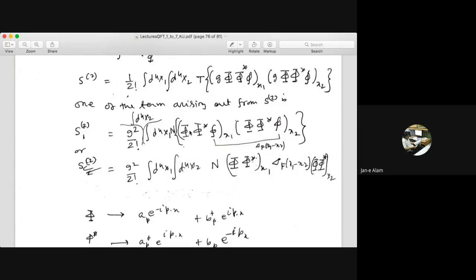But I could have also contracted this phi star with this phi. Then I would have got the propagator for the capital phi, and then this small phi will come in the external line. So as many contraction possibilities as I have, I have as many diagram possibilities.